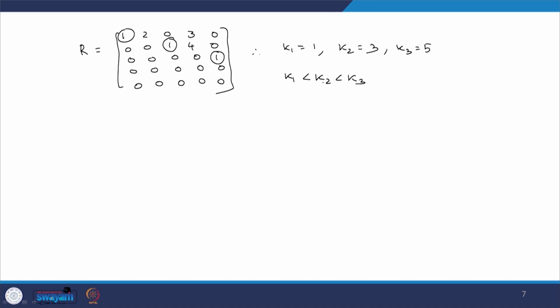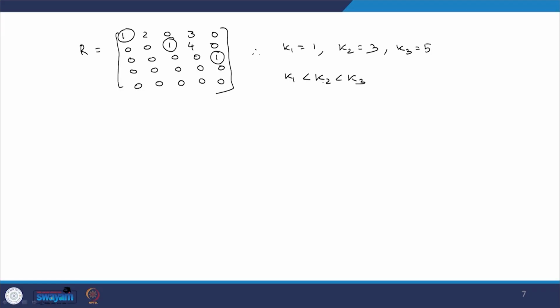Previously we have seen that every m cross n matrix defined over a field F is row equivalent to a row reduced matrix. Then we have seen the corresponding system of equations, because as we have discussed, the system Ax equal to 0 and the system Rx equal to 0, where R is the row reduced echelon form, both have the same solution space.